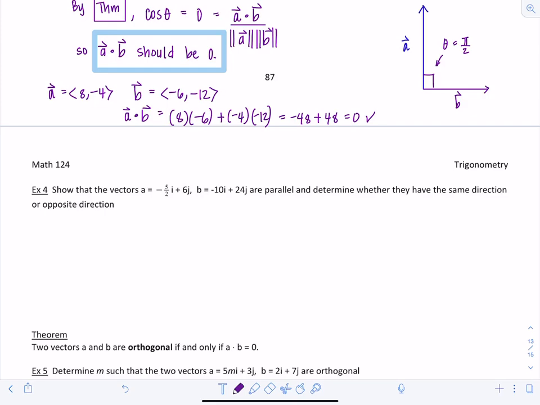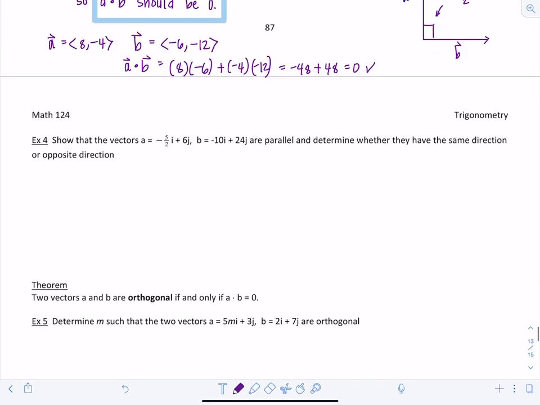Okay? Good. Next example, show that the vectors A and B are parallel and determine whether they have the same direction or opposite direction. Okay, so let's rewrite them. So vector A has components negative 5/2, 6, and B negative 10, 24.